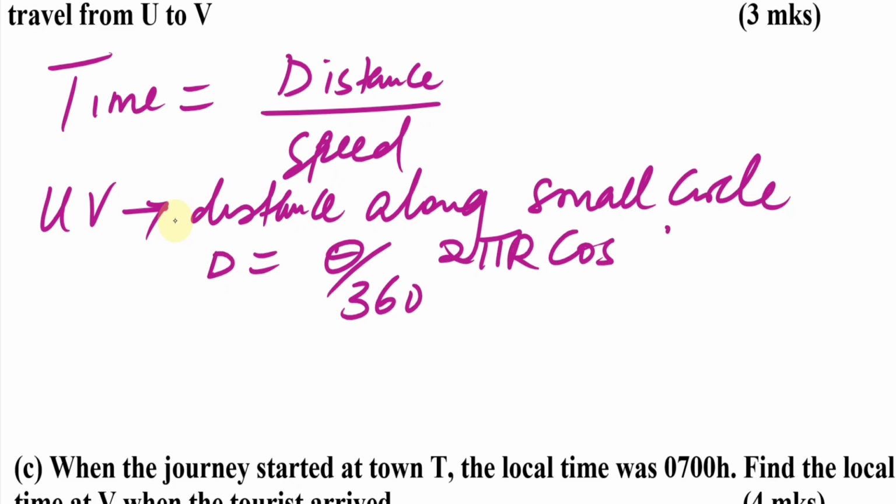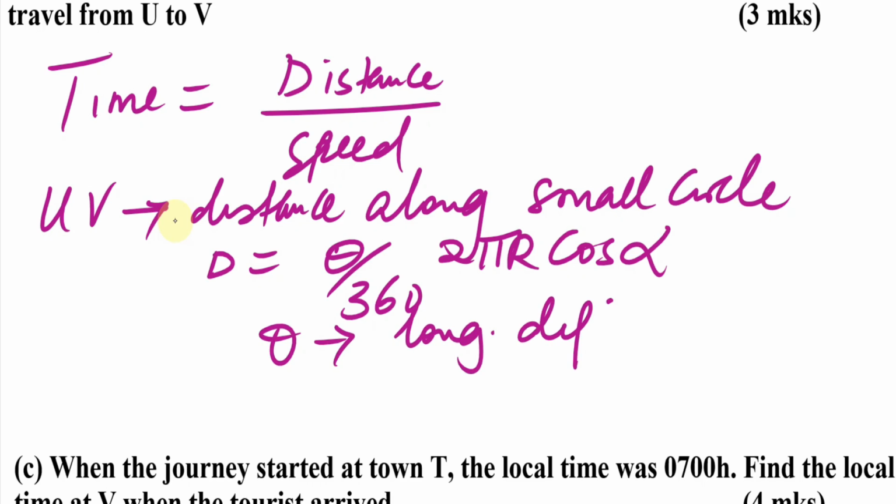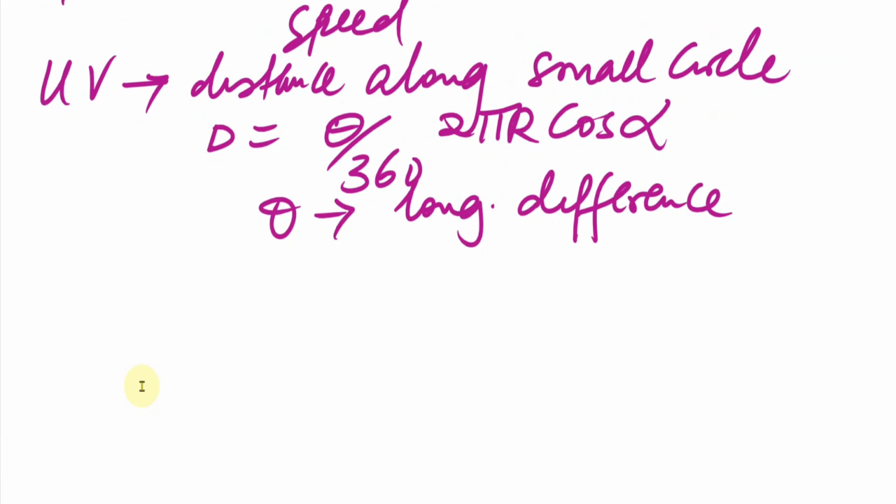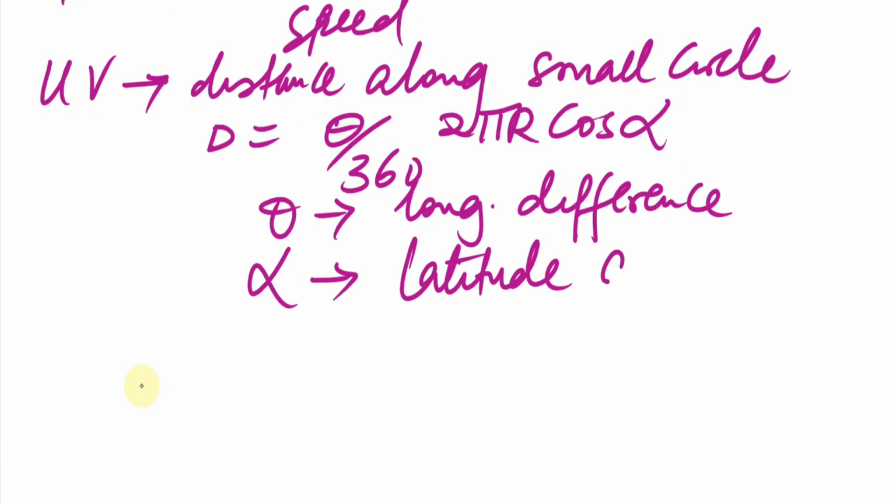Now in this case, theta will be the longitude difference, then alpha will be the latitude angle. So we need to identify these.